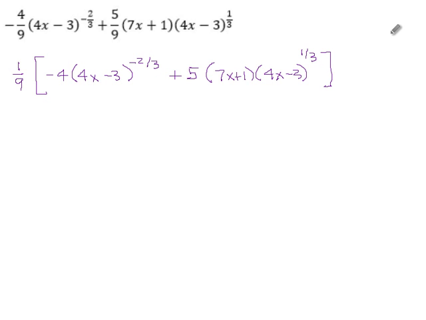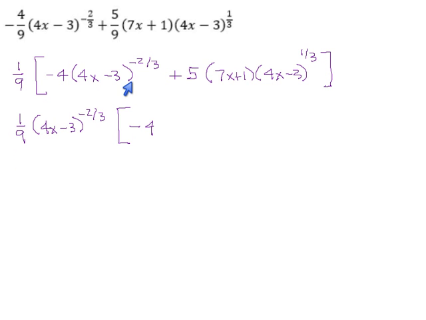Okay, so that's a little bit better. The other common factor I mentioned was the 4x minus 3, and the lowest power of it is minus 2/3, so this is coming out. We have our 1/9, that just sits there. We take out 4x minus 3 to the minus 2/3, and let's see what remains after that. We have minus 4.